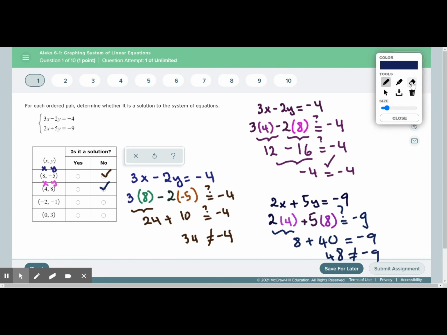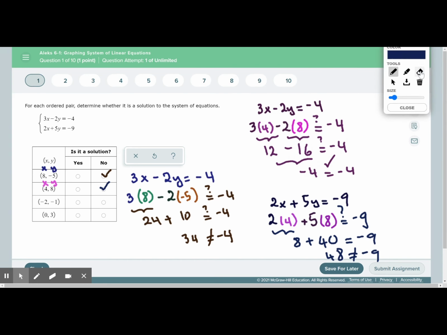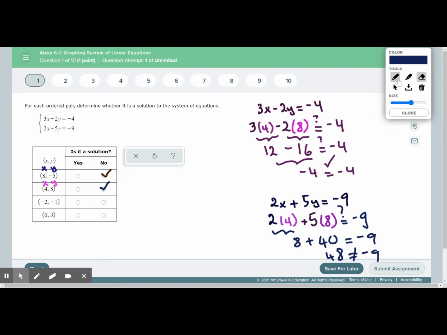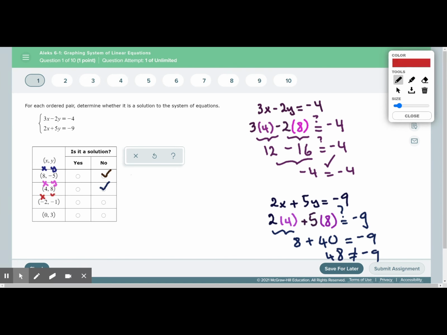All right, now we look at the next solution. The next point is -2 and -1. 3x minus 2y equal to -4 is the first equation.